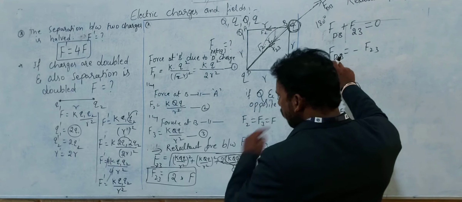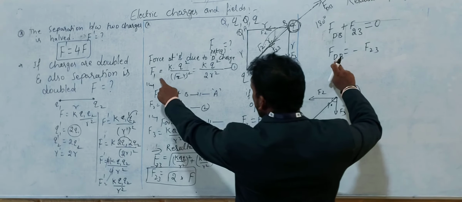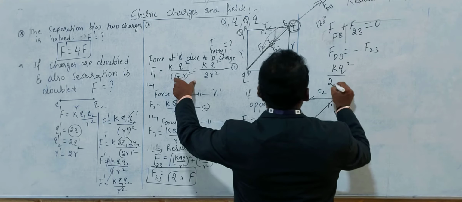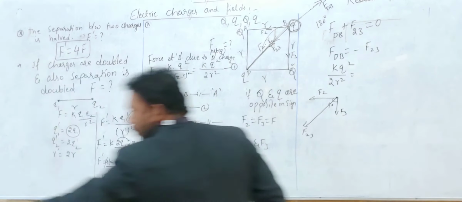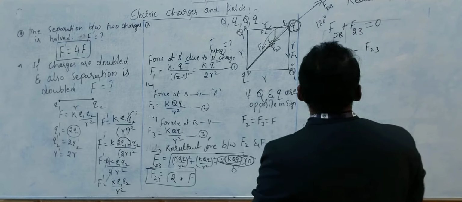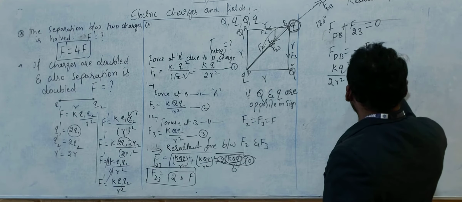FDB is equal to what? FDB is equal to first one F1, K Q square divided by 2 R square, that is equal to F23, which is root 2 into F.